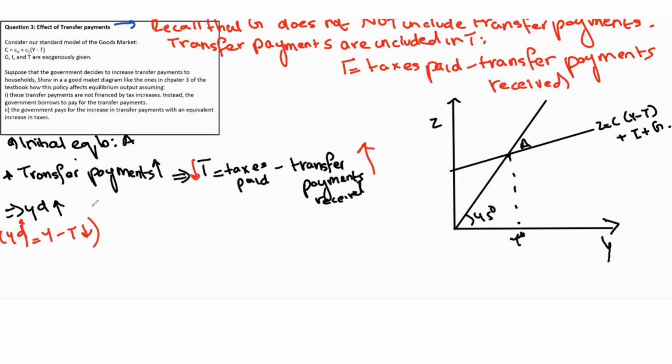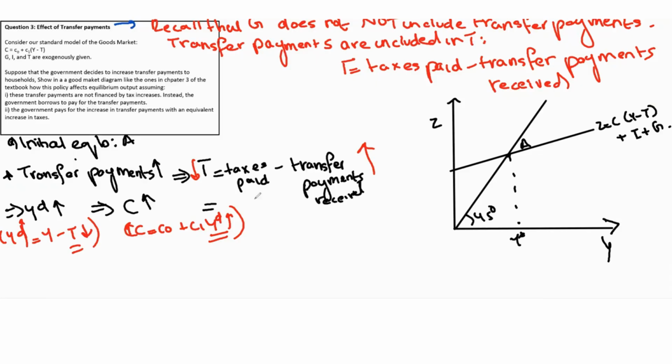As a result, consumption is going to increase, because C is equal to C0 plus C1 YD. When YD goes up, C goes up, since consumption is a function of disposable income.